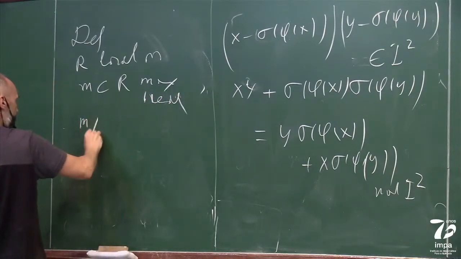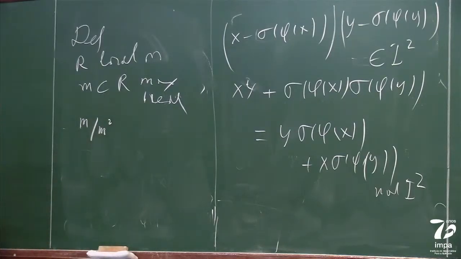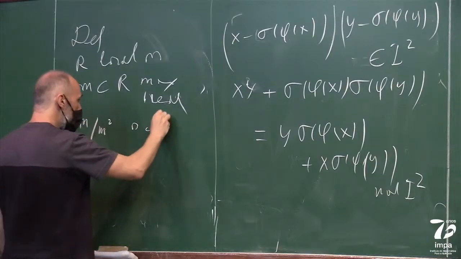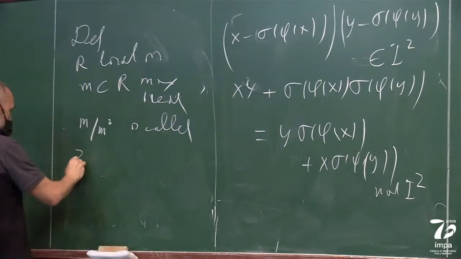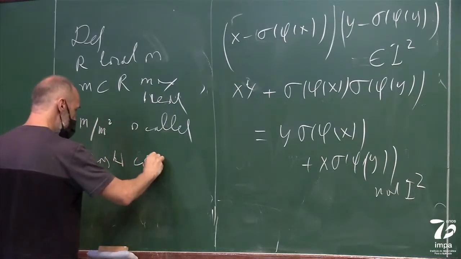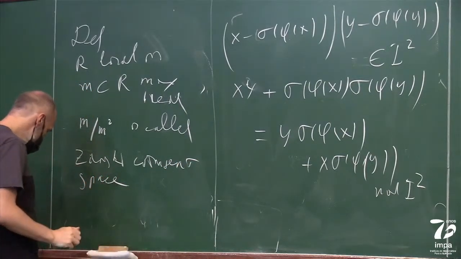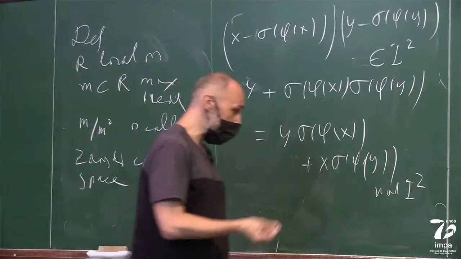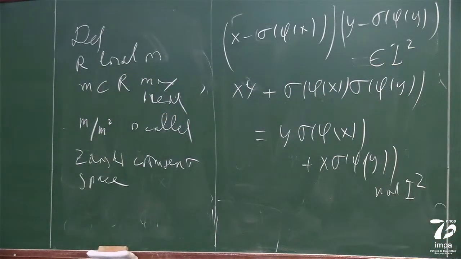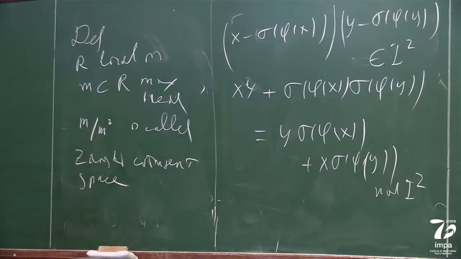Then M quotient by M squared, this finite-dimensional space over the residue field, is called the Zariski cotangent space. The Zariski tangent space is dual to that over the residue field, but I'm not going to explain that too much. I won't use Zariski tangent spaces, only cotangent spaces.